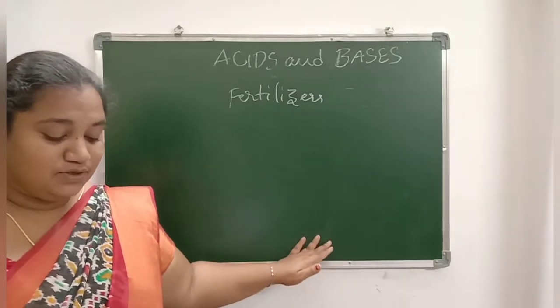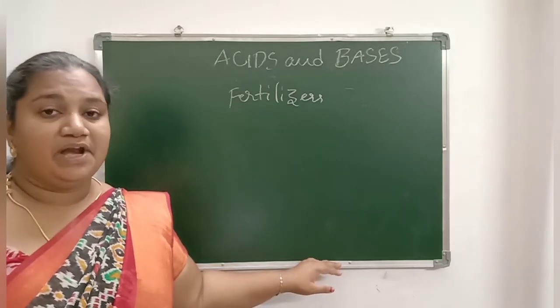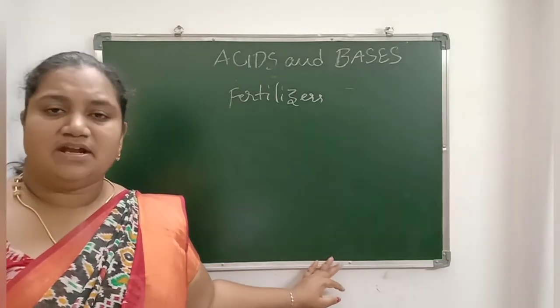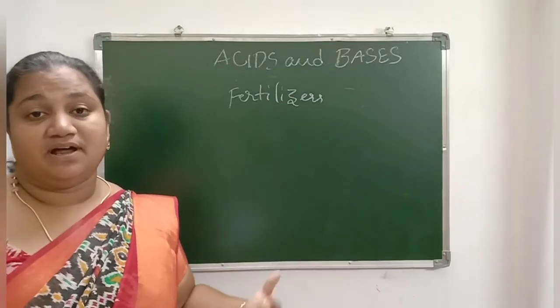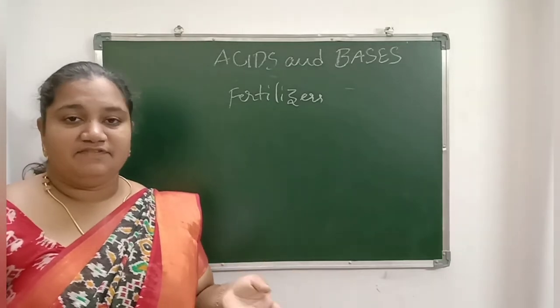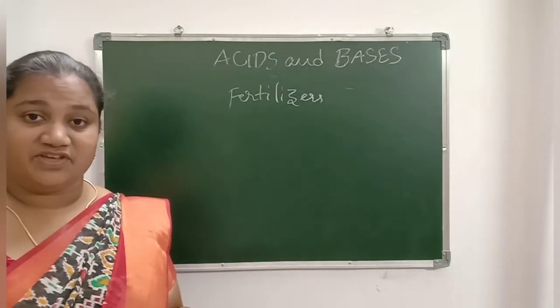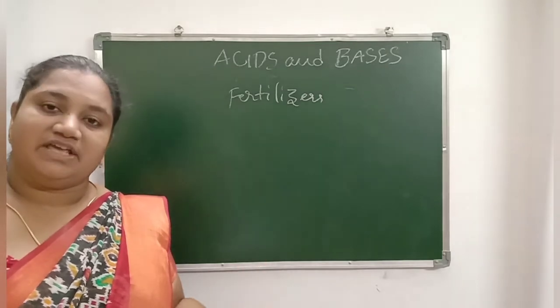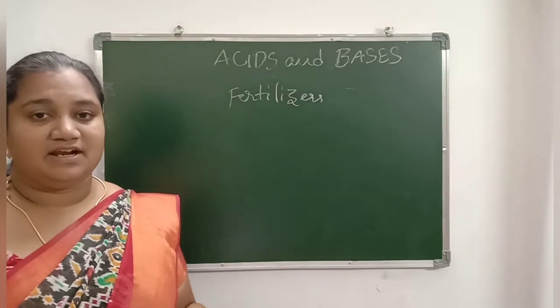The use of natural organic manure is becoming more and more preferred these days. People are now concerned about the nature of the soil. They test whether it is acidic or basic, and based on that they develop their crops and agriculture.